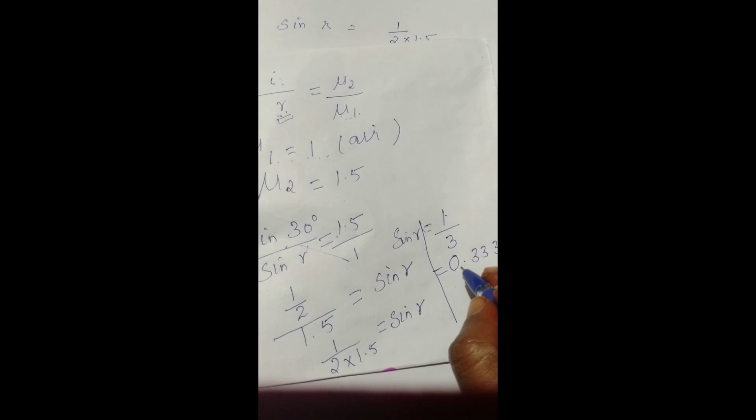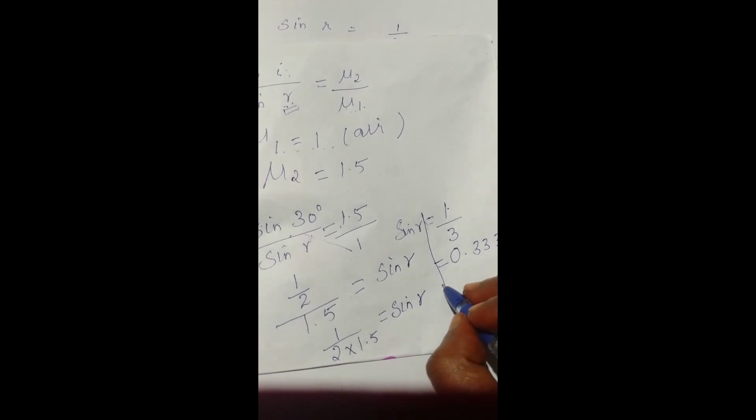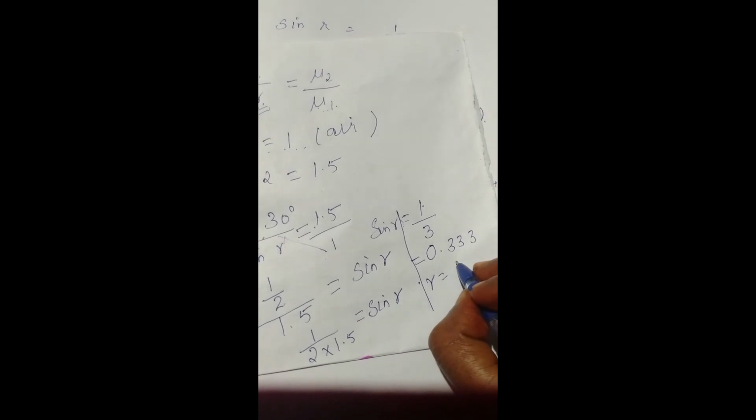It will go like this, and we have to find the value of R, the angle of refraction. R is equal to, take this sine that side, so it will become sine inverse of 0.333.